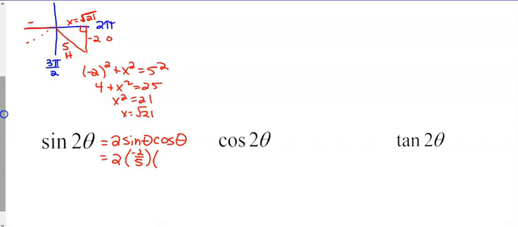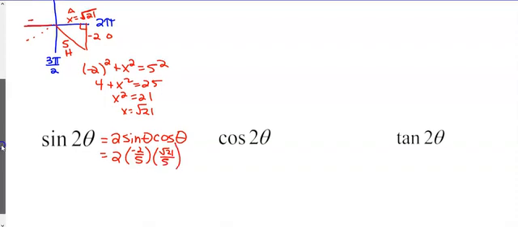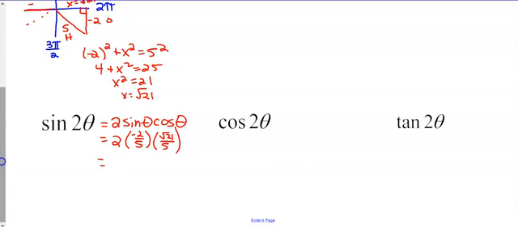And then cosine is adjacent over hypotenuse, so root 21 over 5. And then we just multiply that out. 2 times negative 2 is negative 4 root 21 over 5 times 5, which is 25. And there's nothing we can do there. 4 and 25 are not divisible by the same thing. No common factors there, so we're good.